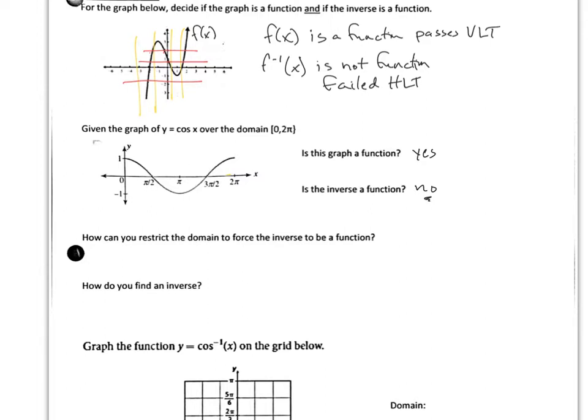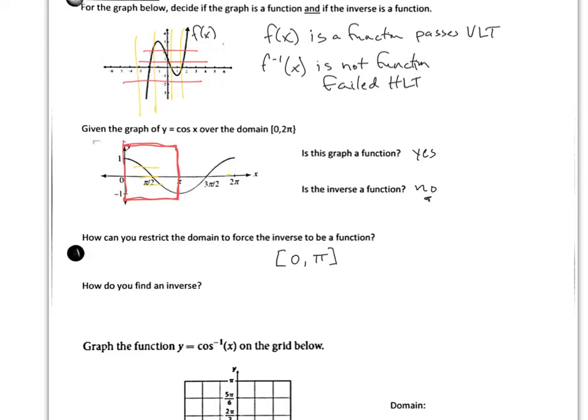So basically, if we cut this graph at pi, then the values don't repeat, and it now passes the horizontal line test. Well, if you restrict the domain, that impacts how you use the function. So our domain is now only 0 to pi.